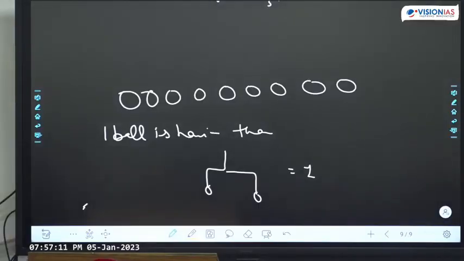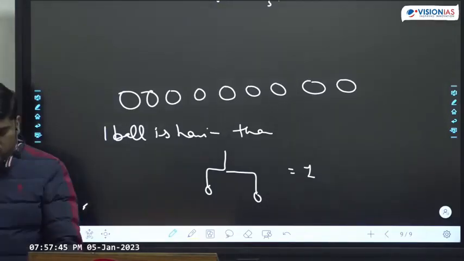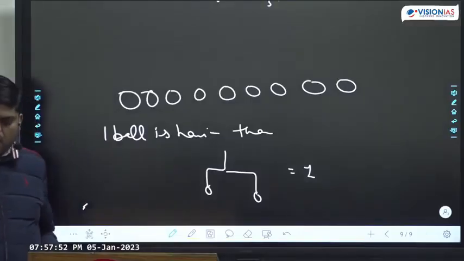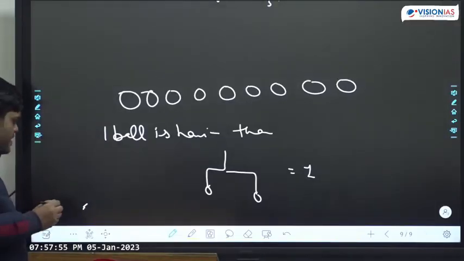The options are 1, 2, 3 and 4. Try this question. One ball is heavy. We don't know which one is the heavier one.